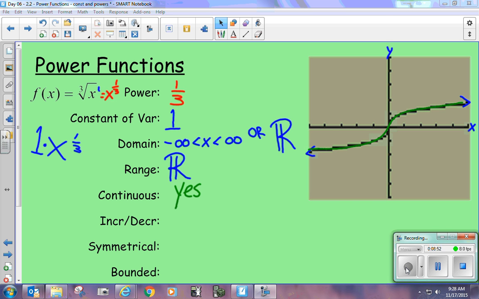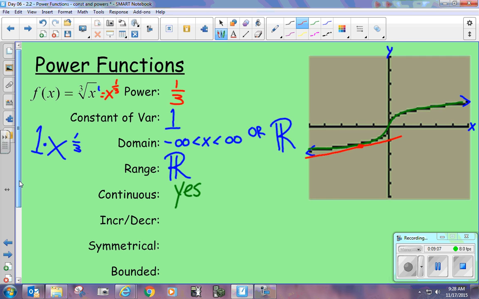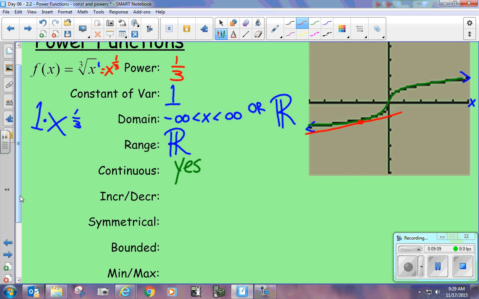If I pick a point and draw the tangent line here, is that a positive or negative slope? It's positive. So is there any place where it has a negative slope? No, there isn't. So it's never decreasing. So where's it increasing? It's increasing forever, isn't it? So you can say from negative to positive infinity.